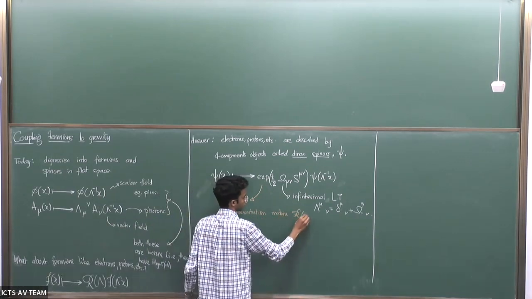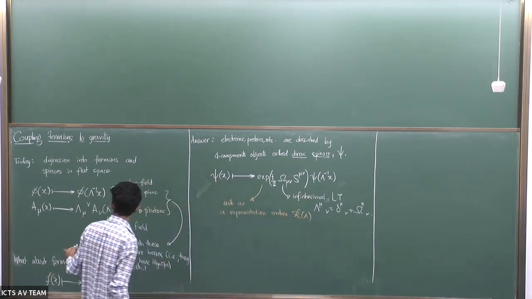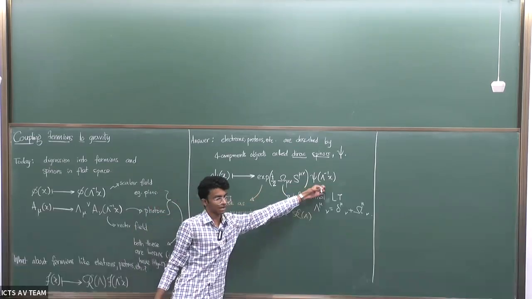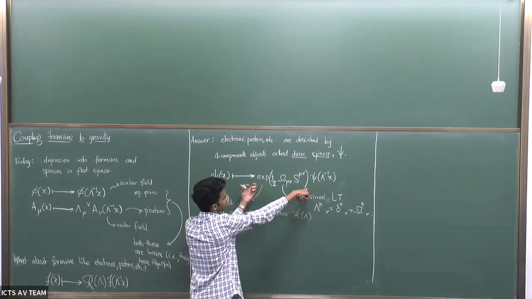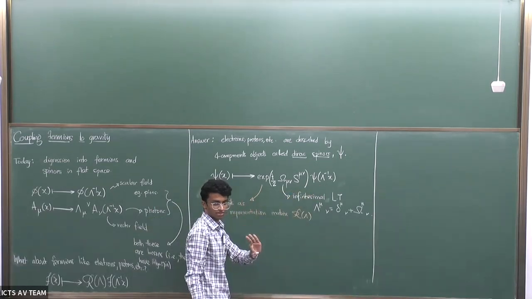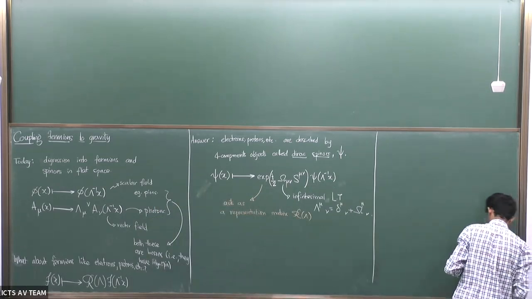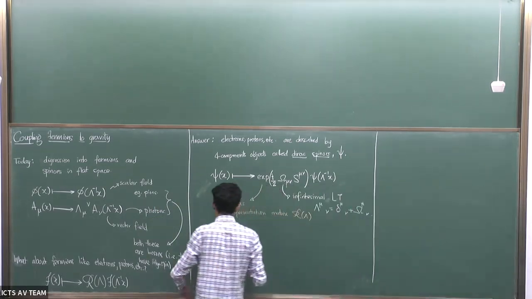So you have the exact same form where a field goes to some matrix times the same field at lambda inverse x. Now notice that this is a 4x4 matrix, right? Where is that fact obvious? I will tell you. S mu nu.